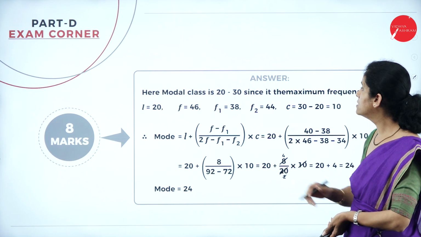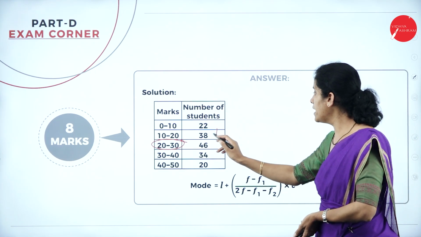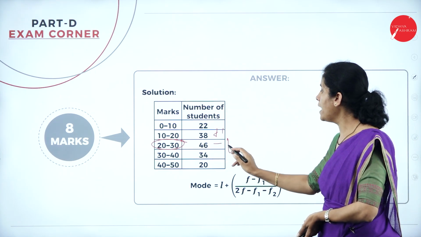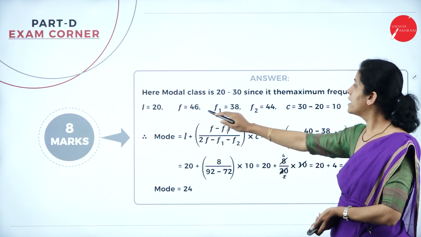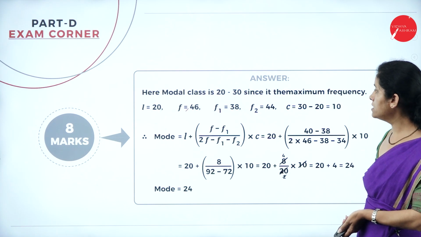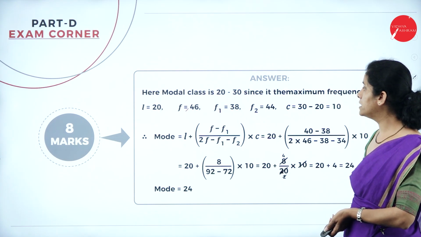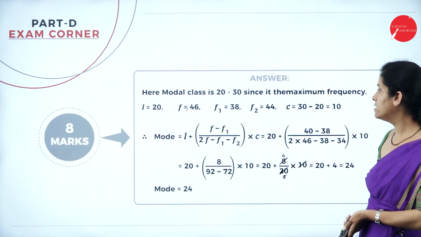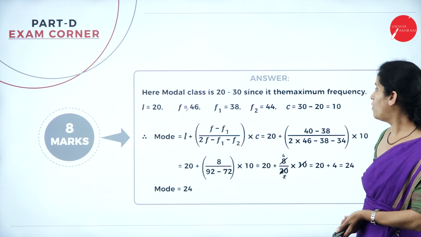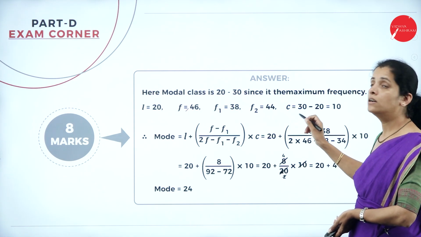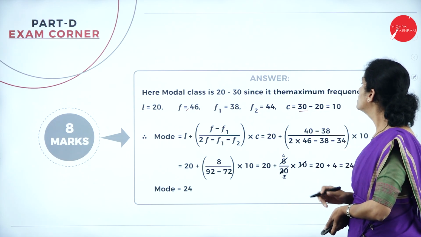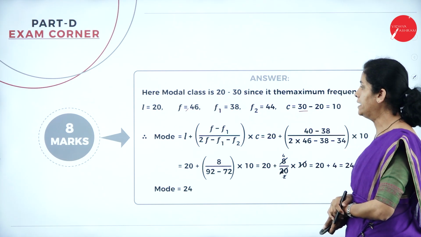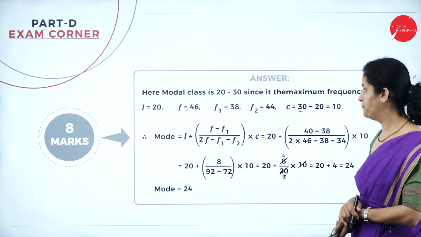Okay, and see, F1 is 38. So this is my F and this is my F2. See, F is nothing but 46, F1 is nothing but 38, F2 is nothing but 44. Okay, then the class interval is nothing but 30 minus 20, that is nothing but 10.